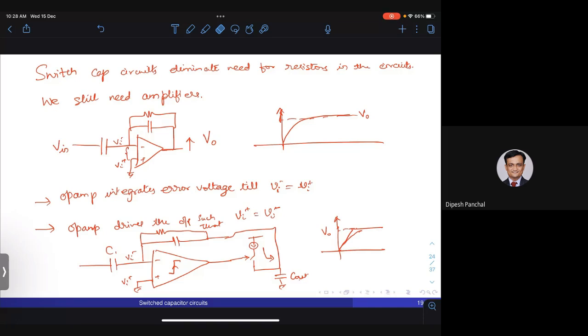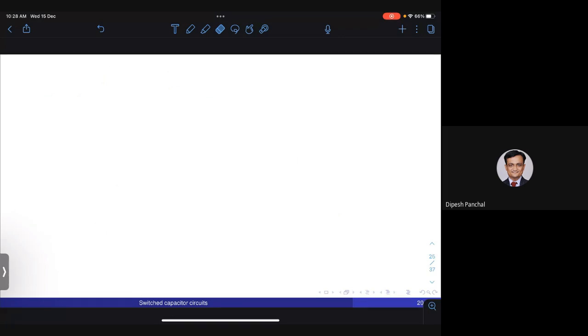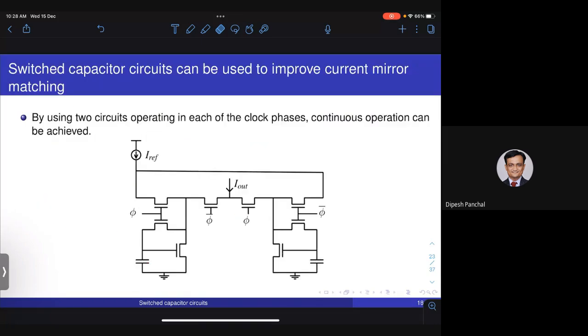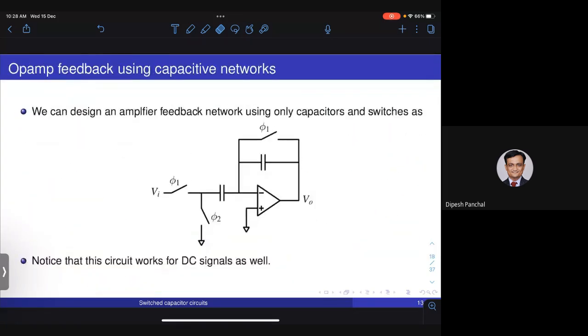When we use a comparator, instead of driving the output to make Vi plus equal to Vi minus, we drive the output at a constant current and use the comparator to detect when Vi plus becomes equal to Vi minus and then stop charging at that point. Okay, I'll draw both these circuits together so that our point becomes clear.